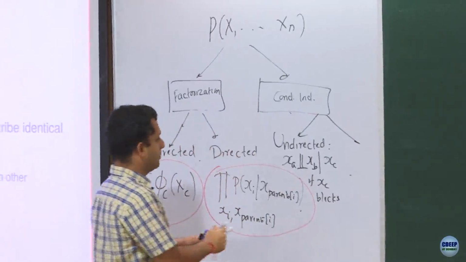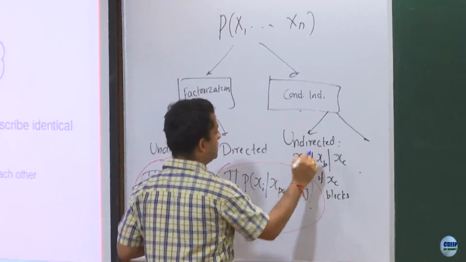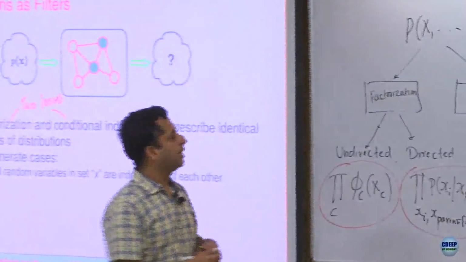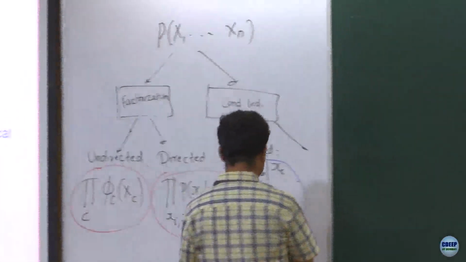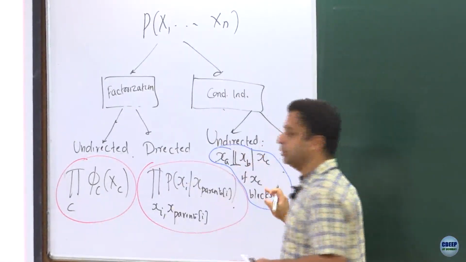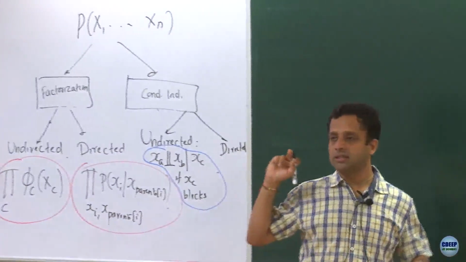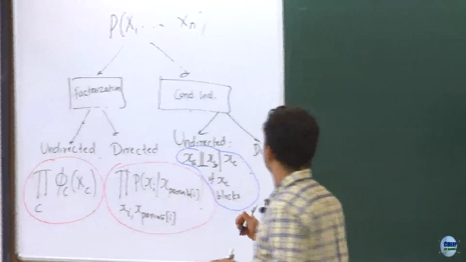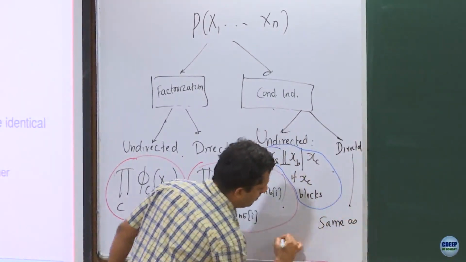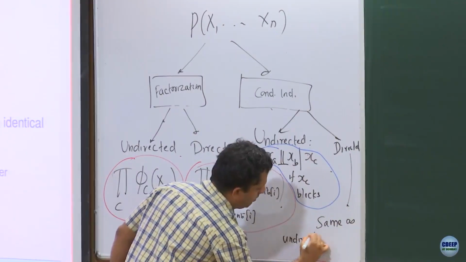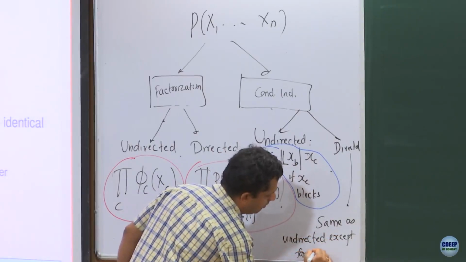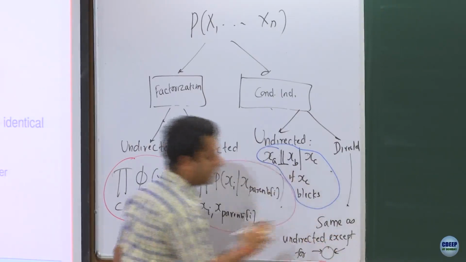This is a filter. In the directed case, the problem was a bit similar to the undirected case except for the head-to-head nodes.